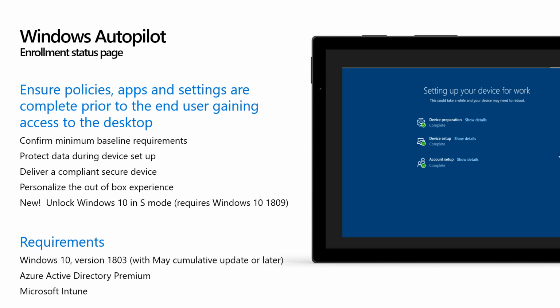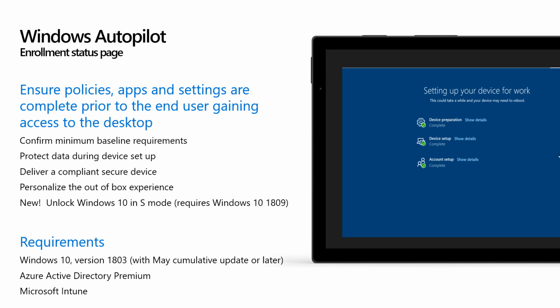Then if this device is an Autopilot device, it is joined to Azure AD, and it means that the device can download all required policies like settings, scripts, applications, etc. And you can see the progress of downloading all of that, like 5 of 10 applications were installed. So you understand as an end user that you need to wait a bit more to install the other 5 applications.